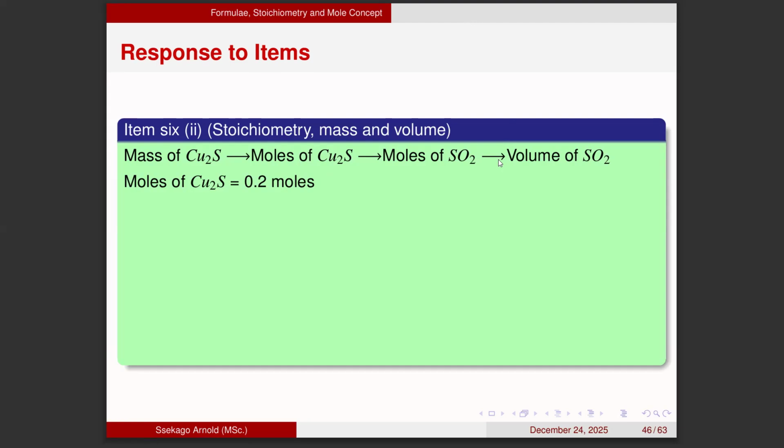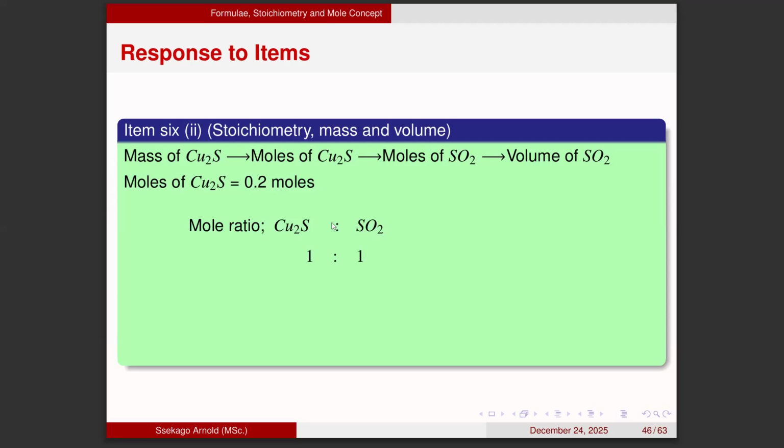Moles of sulfur dioxide, yes. We apply the concept of mole ratio and the given equation. So we are comparing copper(I) sulfide with sulfur dioxide. If you revisit the given equation, you realize that we have one copper(I) sulfide giving one sulfur dioxide.